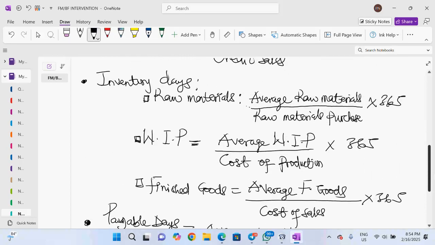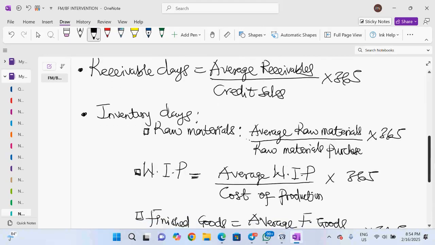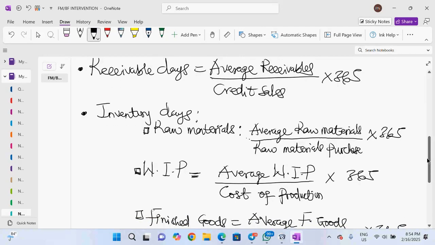So these are the formulas that you need to know under the cash operating cycle.